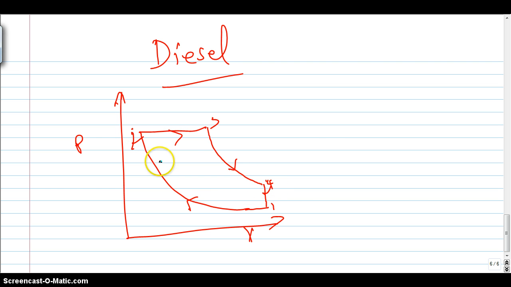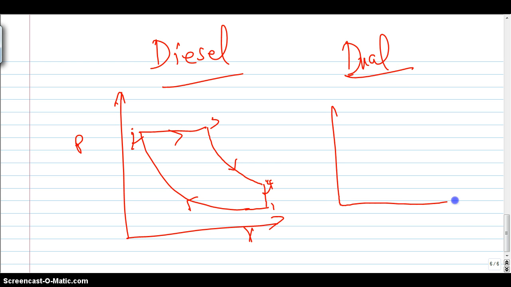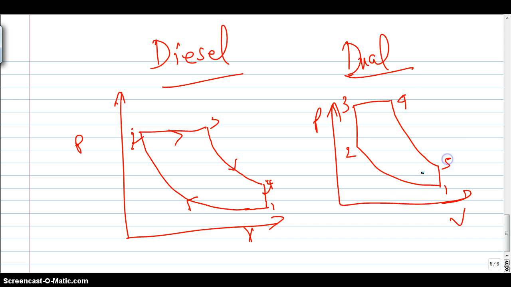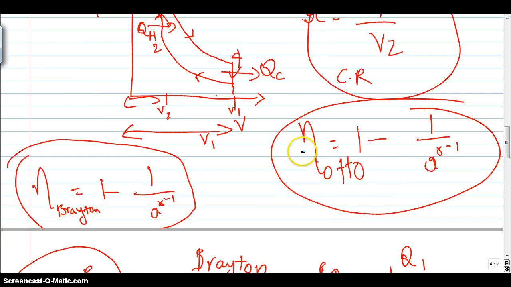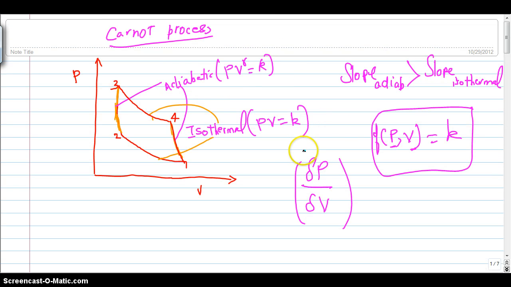One more variation of this would be the dual combustion cycle, basically a combination of the Otto and the Diesel. I've covered most of the common cycles you will look at in a thermodynamics textbook. That's it.